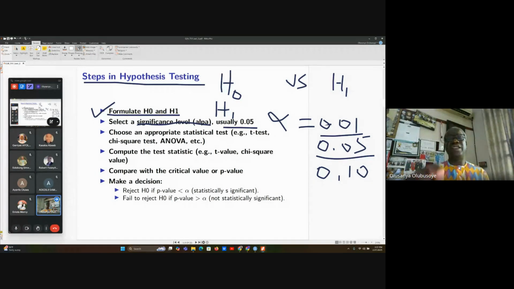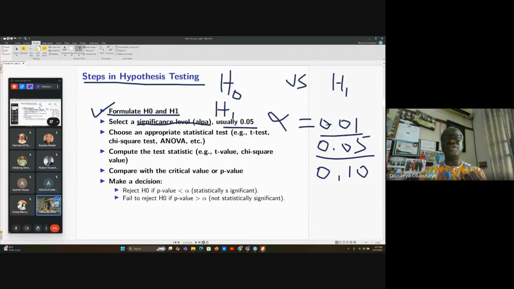But you need to choose that level before you even collect your data, before you even gather your data, or before you analyze your data. You need to choose that level. And that's very, very important.